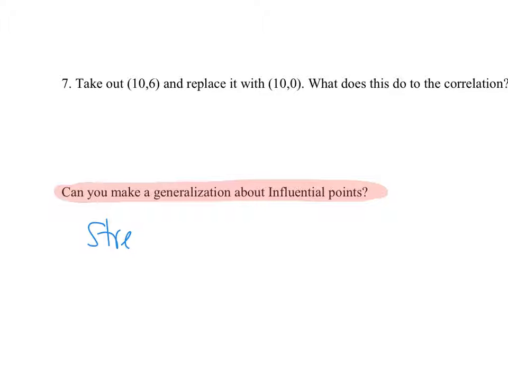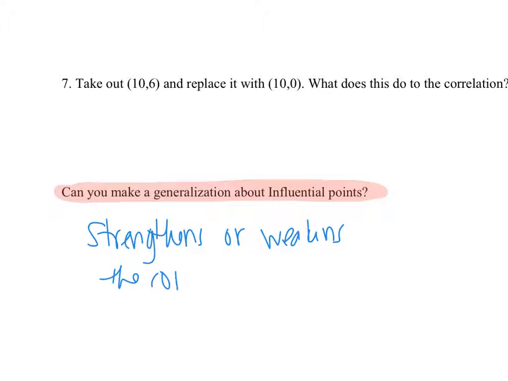So this either strengthens or weakens the correlation. Okay, and you can kind of think of this too as outliers, but influential points don't necessarily have to be outliers. They just impact that correlation a little bit more than the other points do.